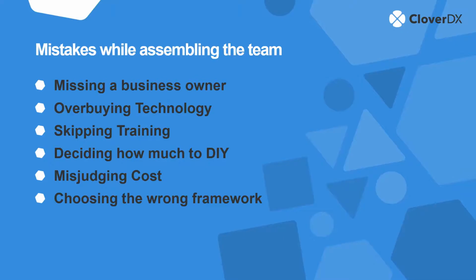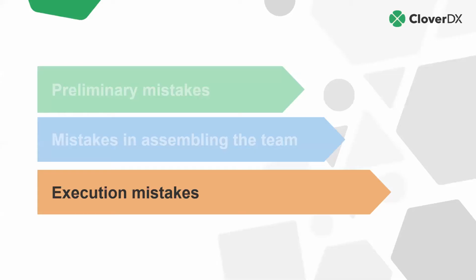And then, choose carefully about what kind of framework, software architecture you want to introduce as you start executing your project. Right. Then finally, third general theme here is execution mistakes, the mistakes that you make as you actually start to build things.